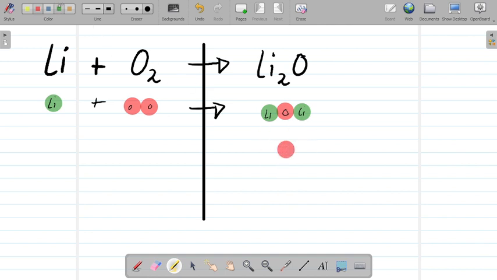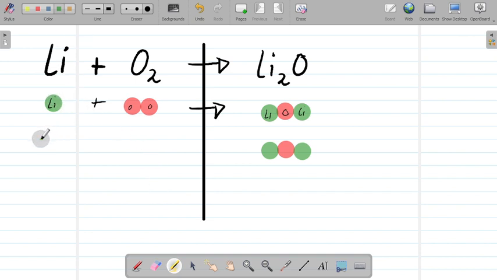But I cannot add oxygen alone. I must add the whole entire molecule of lithium oxide because the oxygen is bonded to 2 lithiums. Now I have 2 oxygens, and then 4 lithiums now. And then on this side I have 2 oxygens. My oxygens are balanced. Now I have 1 lithium here.